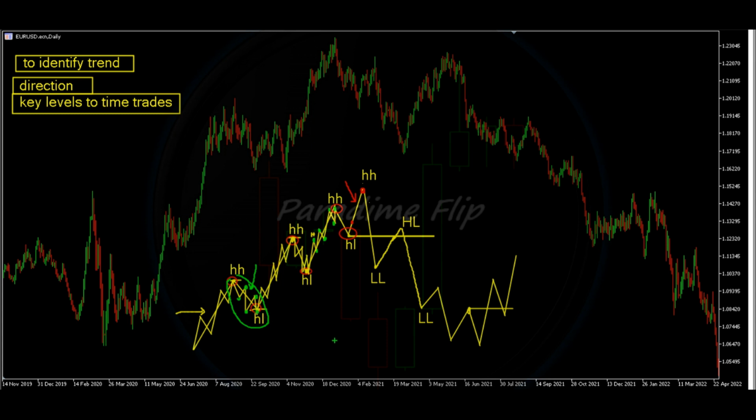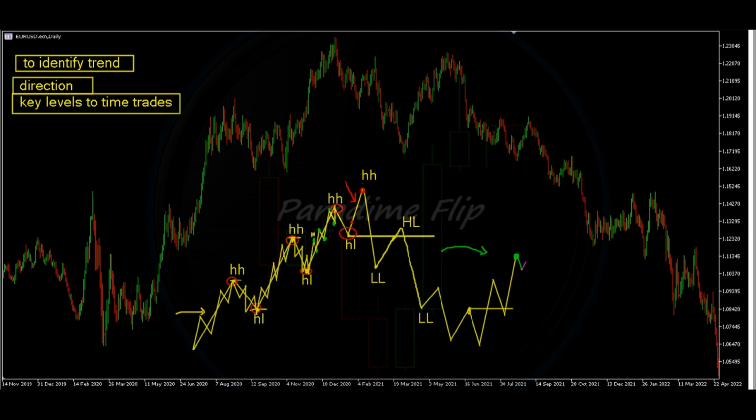Okay. And this concept is important because this can help you time your trade. If we just come to the right over here, let's say we are now at a higher high and we are expecting the market to make a higher low.